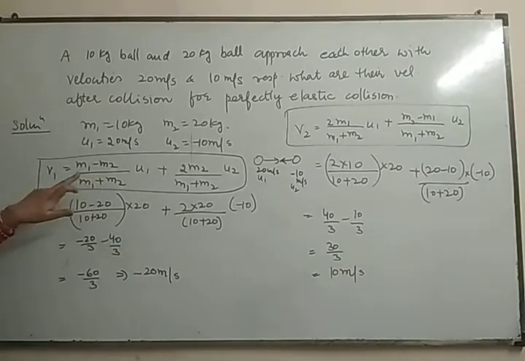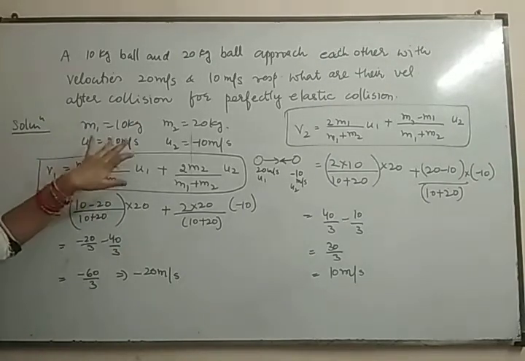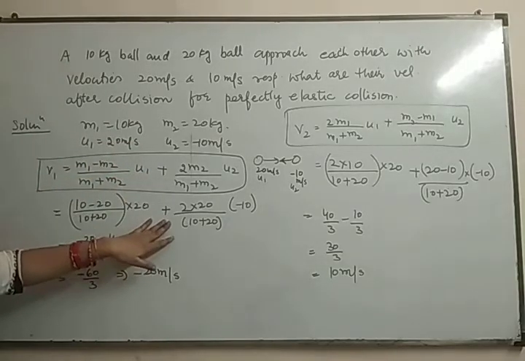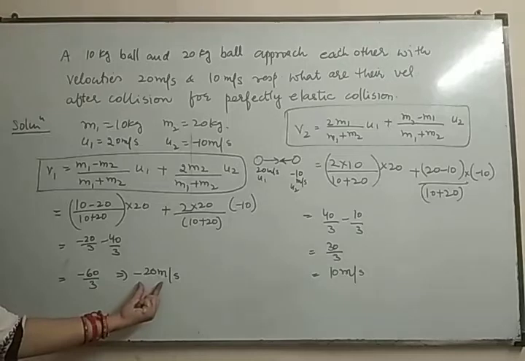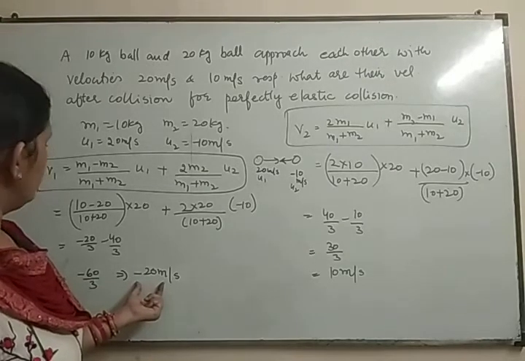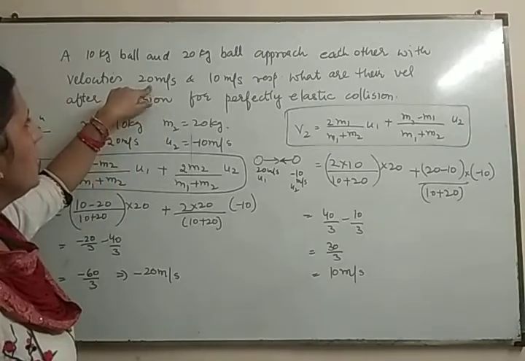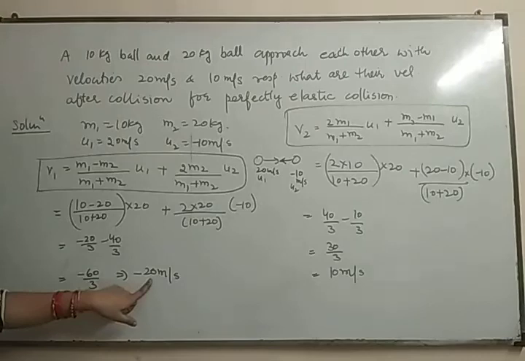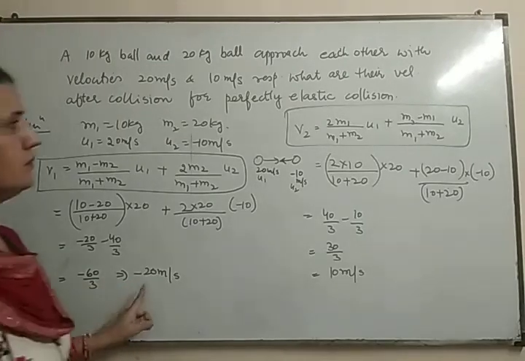You have to learn this formula, write the formula and put all the parameters m1, m2, u1, u2 in this equation, and after solving you get minus 20 meter per second. It means the velocity of the first object was 20 meter per second and after collision its velocity is reversed, in the opposite direction.